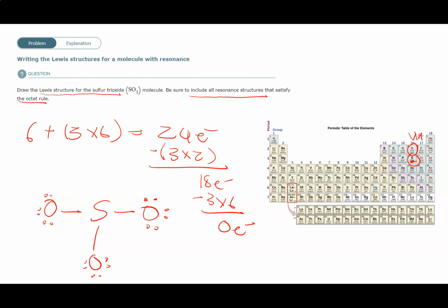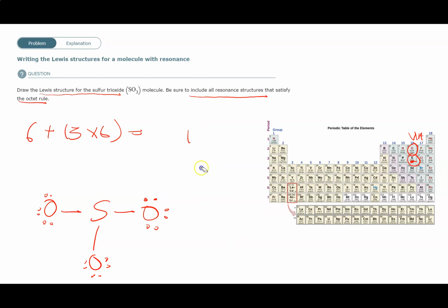What I've got to do now is check my central atom and see if it has an octet, and if it doesn't, I'm going to turn lone pairs on outer atoms into bonds until it does. So my central atom has 2, 4, 6 electrons around it. So I'm going to have to bring in 2 electrons to get it up to 8.